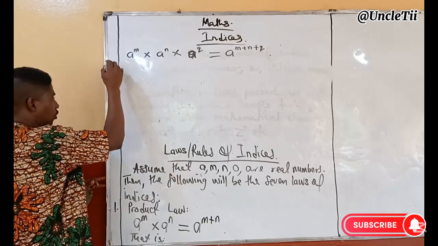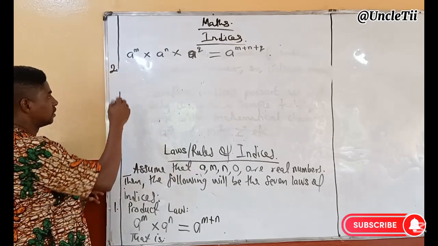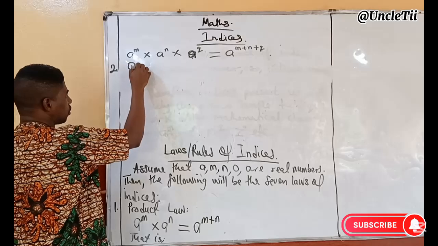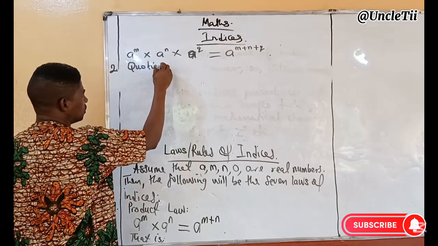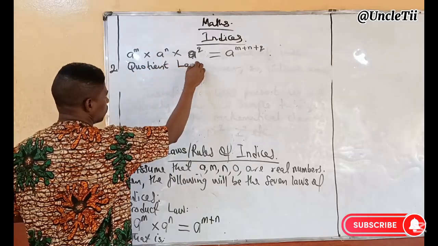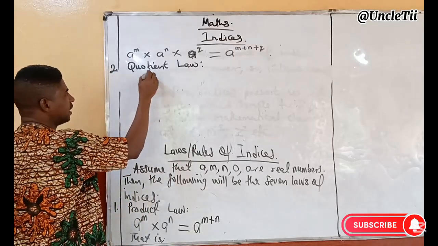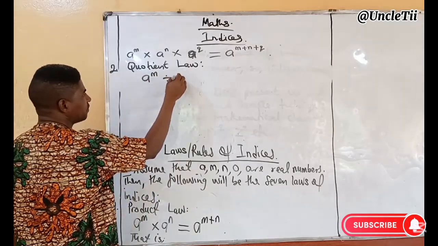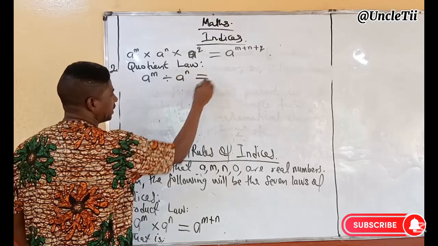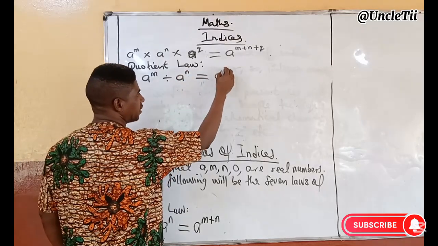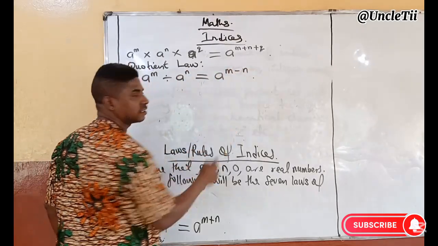Let's take the second law quickly. This is the quotient law of indices. The law is saying a^m divided by a^n is equal to a^(m-n).